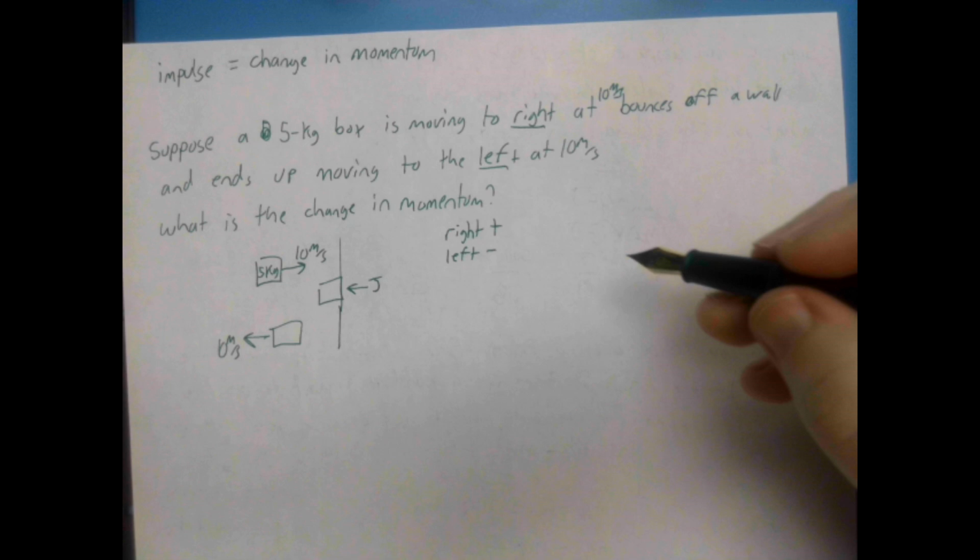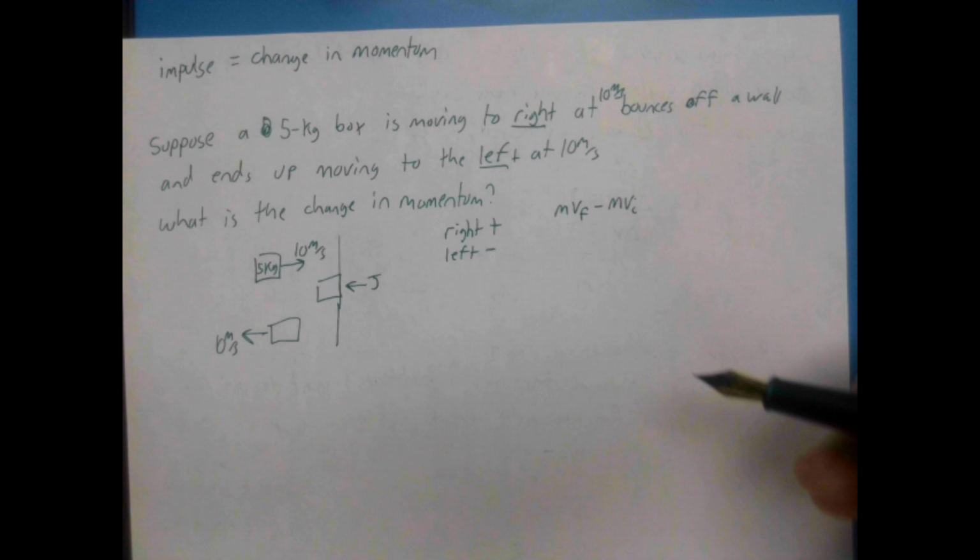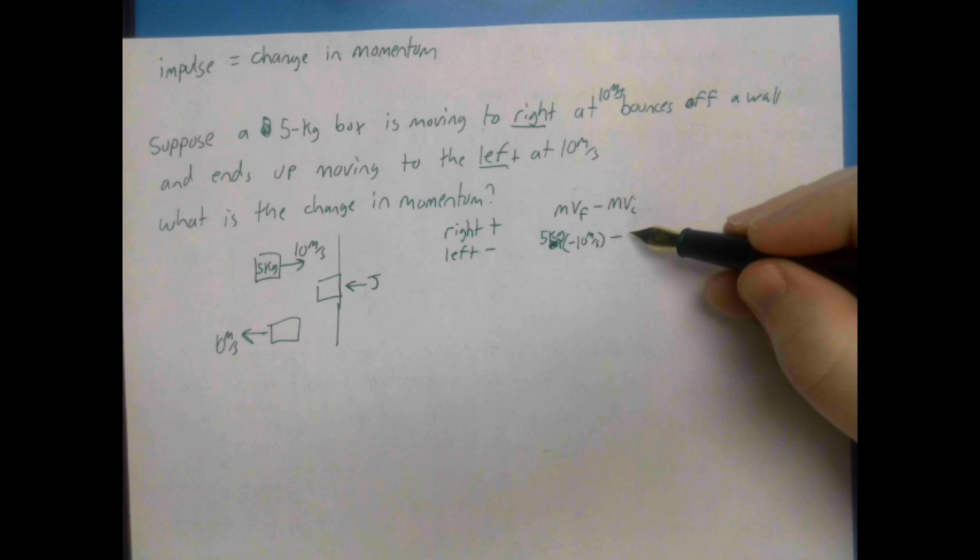Do our math. So we have mass times final minus mass times initial. So the final, since left is negative, be negative 10 meters per second, and that'd be 5 kilograms here, minus 5 kilograms.